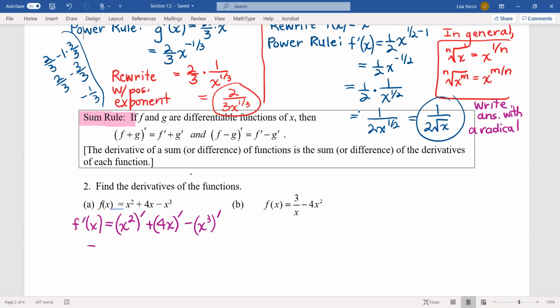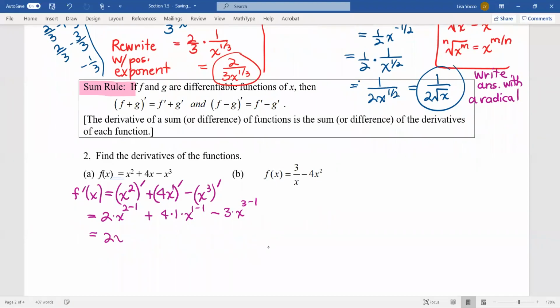All right. So for x squared, that's 2 times x to the 2 minus 1. Remember 4x, that's 4x to the first. The derivative is 4 times 1 times x to the 1 minus 1. And then for x cubed, it's 3 times x to the 3 minus 1. And then keep going.